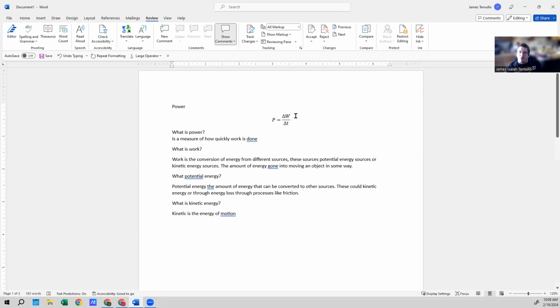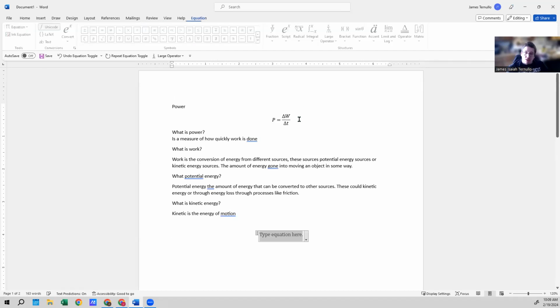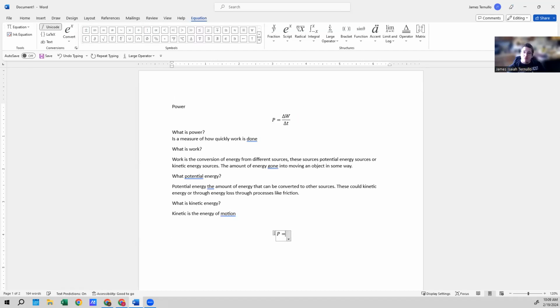So let's go ahead and fill in a few more blanks. As we said, power is equal to the change in work over the change in time, which is also equal to work, the final work minus the initial work, divided by the final time minus the initial time.